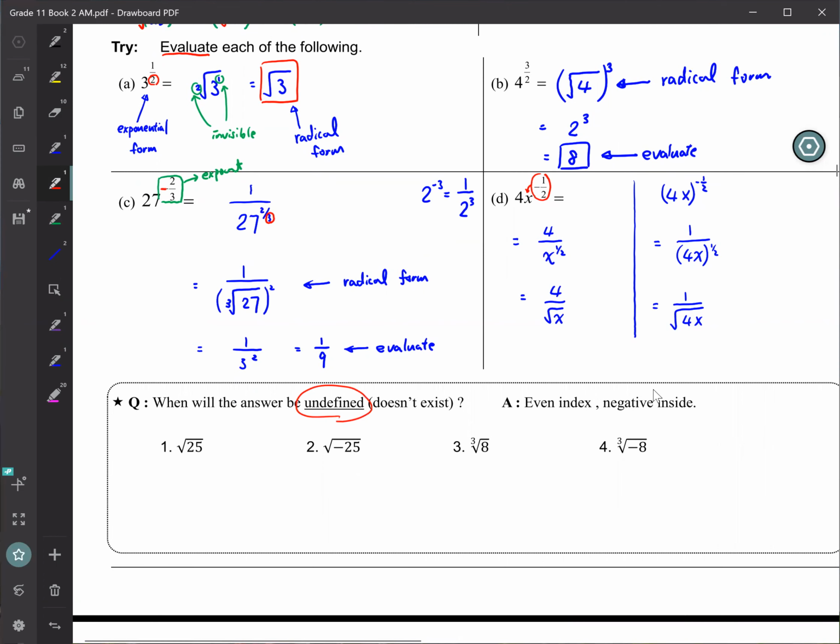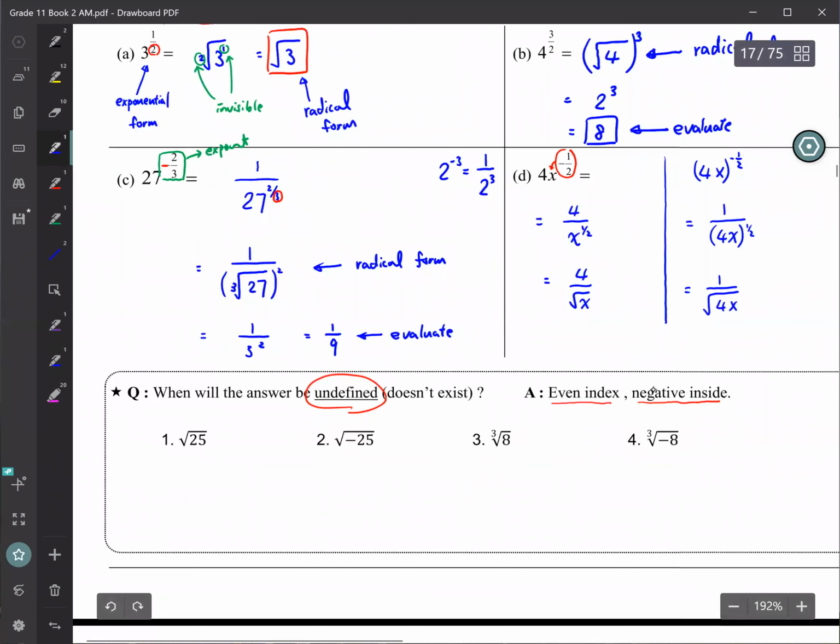It's when you have an even index. Even means 2, 4, 6, 8. And then you have a negative on the inside. Even index, negative inside. So let's look at the first example. The index is 2. Square root of 25, the index is 2. Inside is positive.